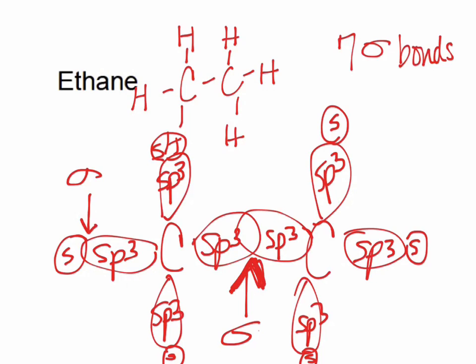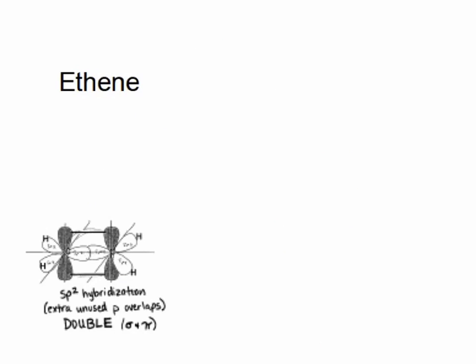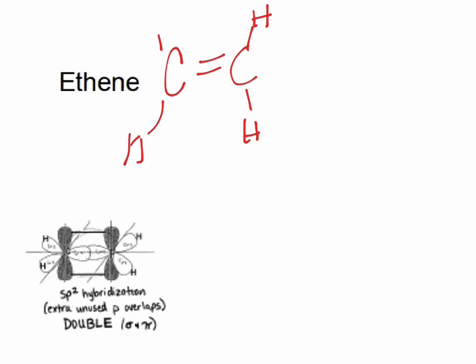Okay, so then let's draw ethene. So ethene, what we're going to do is take ethane and place a double bond in there. So now we have C, C, H, H.